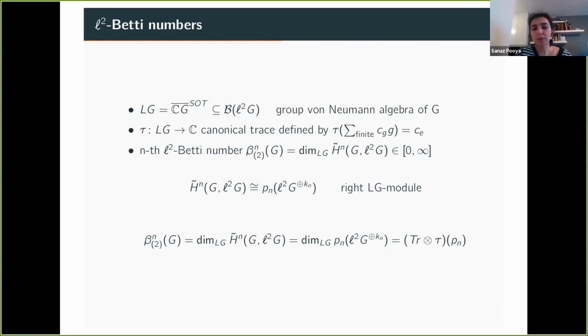Now, the nth L²-Betti number of a group G is defined as the von Neumann dimension of this module, namely the nth reduced cohomology of G with coefficients in L2 of G. And as such, this always lies inside this interval. If we have a finitely generated module, then of course this is a finite number, but otherwise it can attain infinity.